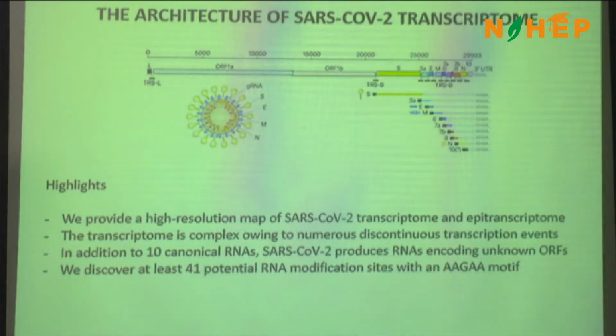Just when COVID hit, there was a paper published in Cell, and they were using the different variants of COVID, and they were able to identify several new proteins using comparative genomics.